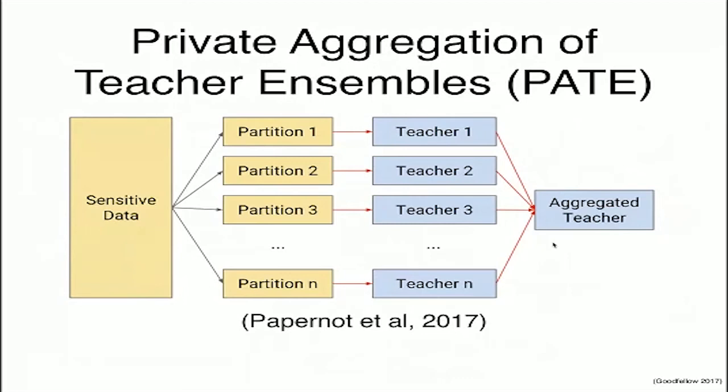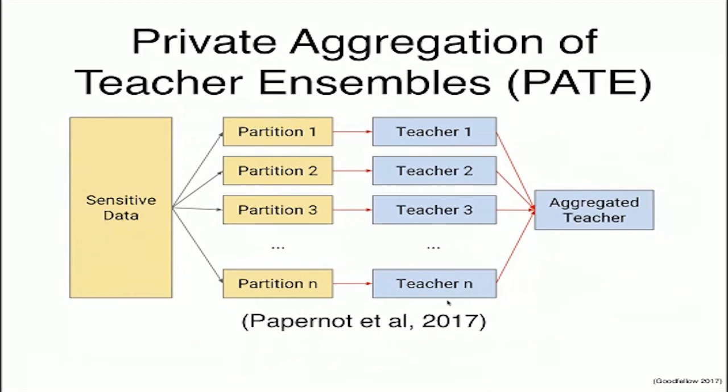The basic idea is that if you start out with some kind of data that you don't want to publish to the outside world, you can divide it up into several non-overlapping partitions. And then you train a different network to classify each of those subsets of the data. When you have several different teacher networks, if they all agree on how to classify a new point, then we know that their classification doesn't come from any particular feature of any one training example.